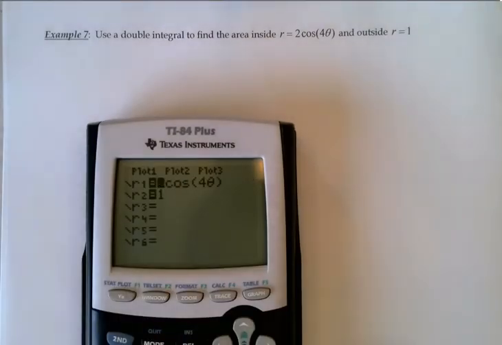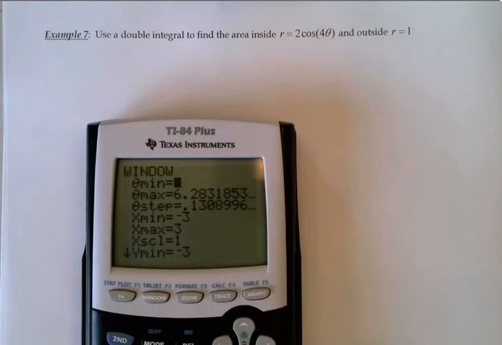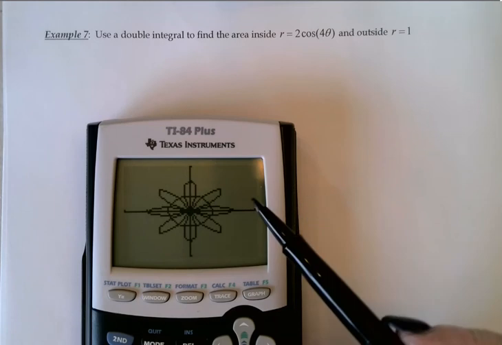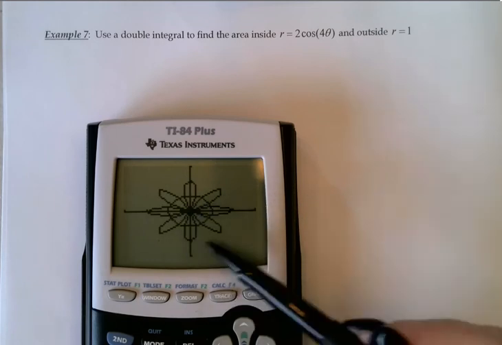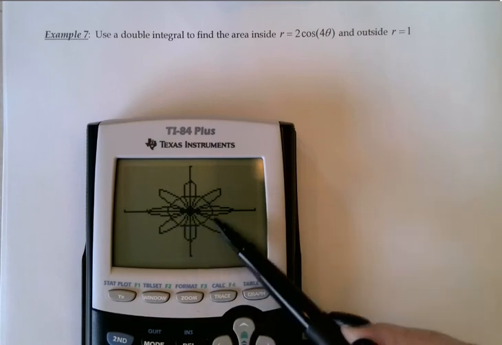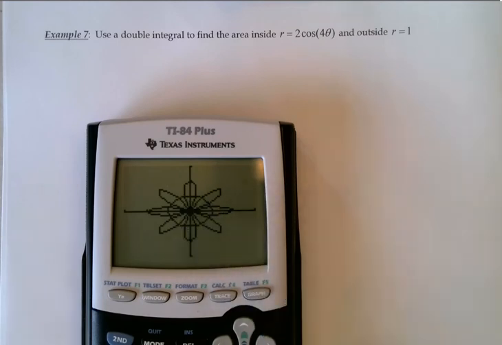I've set my calculator to polar mode, so I can graph 2 cos 4 theta as well as r equals 1. My window is 0 to 2 pi on my thetas, and then just -3 to 3 for the x's and y's. What I get is the rose curve with 8 leaves for this first equation, and then you can see the r equals 1 inside here.